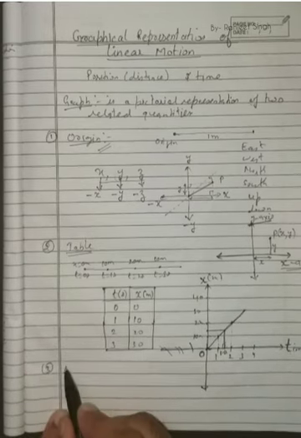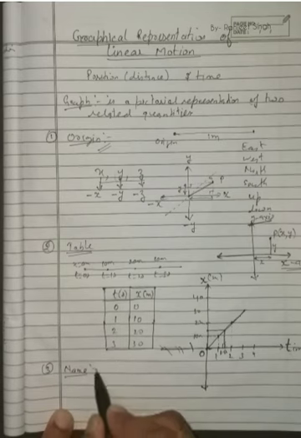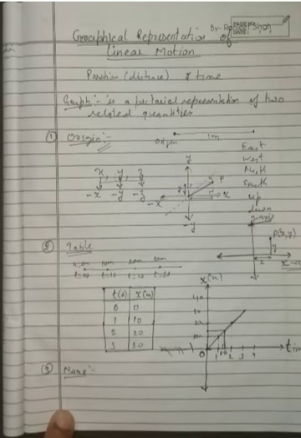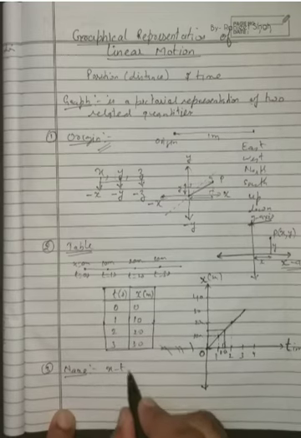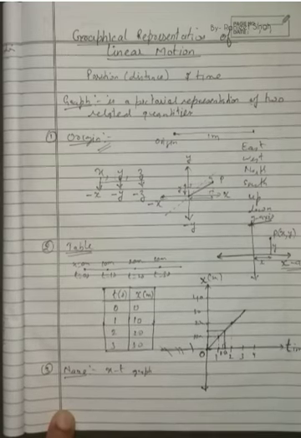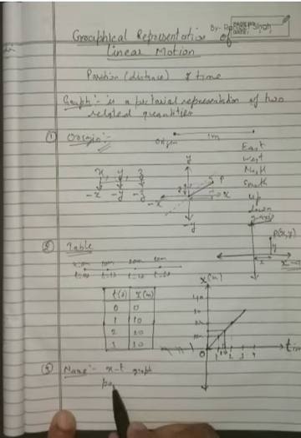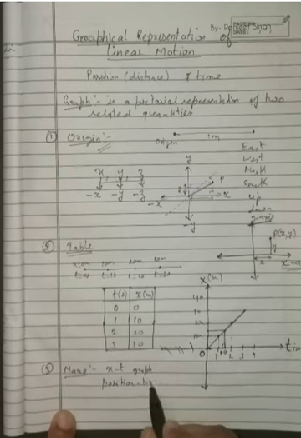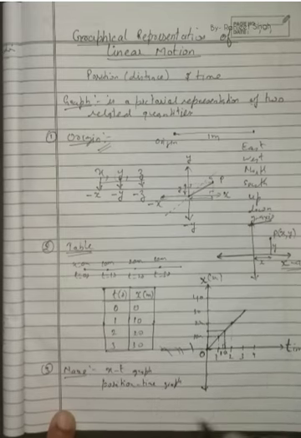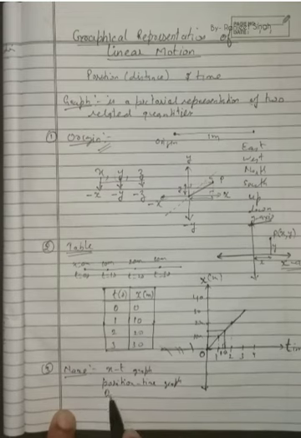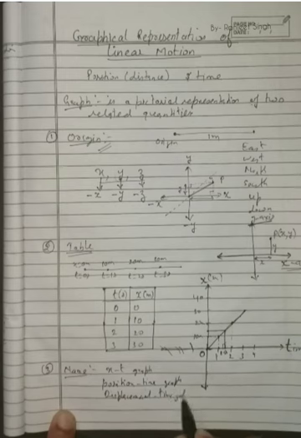Now we have to name this. The third thing that needs to be given is the name. So what about the name of this graph? This graph can be named as x-t graph. It can also be named as position-time graph, or this can also be said as displacement-time graph.